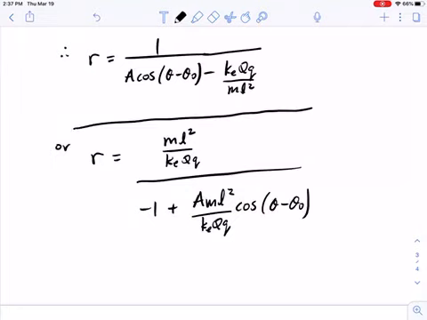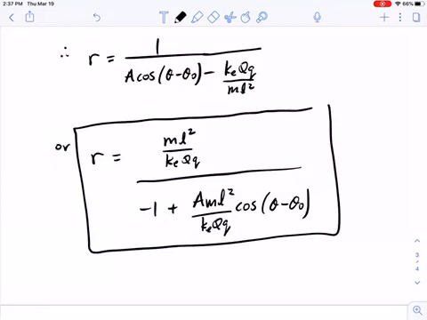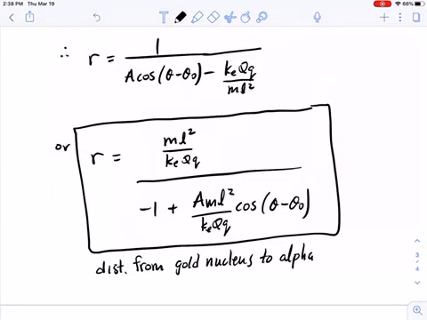So this is the radius, or the distance from the gold nucleus to the alpha particle as a function of theta.